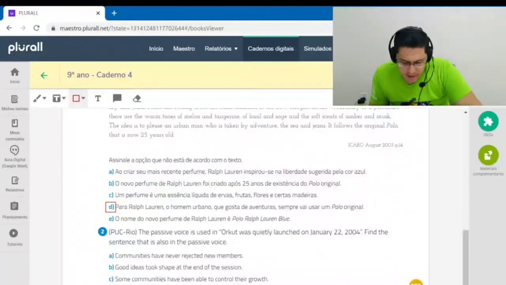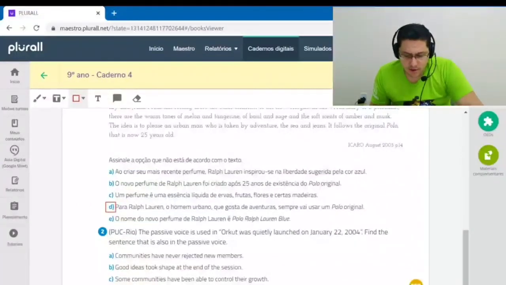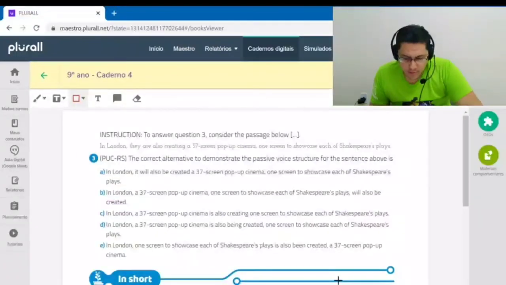A diferença é que aqui, ó, as pessoas que realizam a ação estão como sujeito. E a voz passiva não é isso. A ação é mais importante do que quem realiza. Então, ó, several social groups could be connected by the internet. Quem conecta aqui é a internet, ela não está no início da frase. Então, aqui você tem uma voz passiva de verdade. Muito bom.